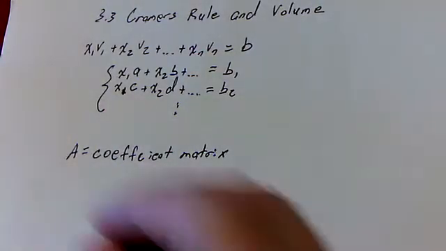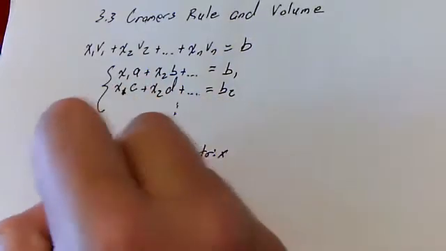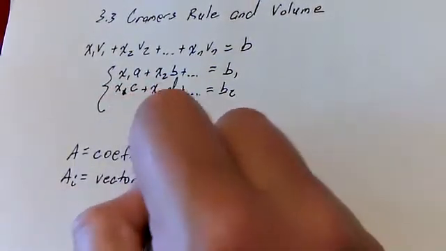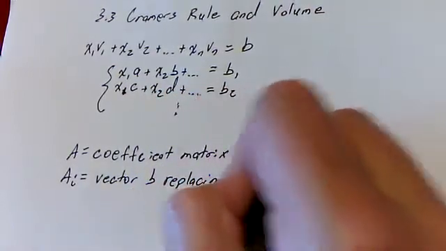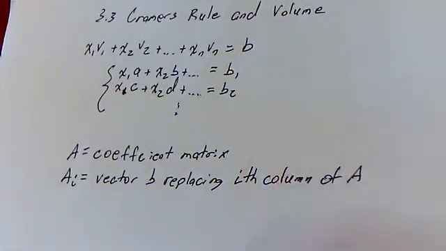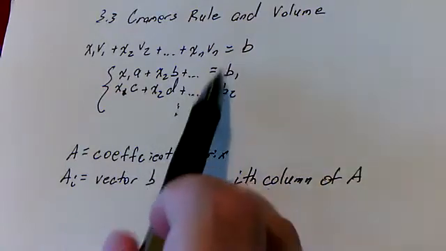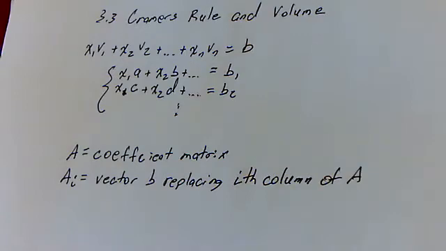Then we're going to have matrices A sub i, which have the vector b replacing the ith column of A. Each one of these has its own component, so we're going to use that idea that we take this vector b and it helps locate that component of the solution.